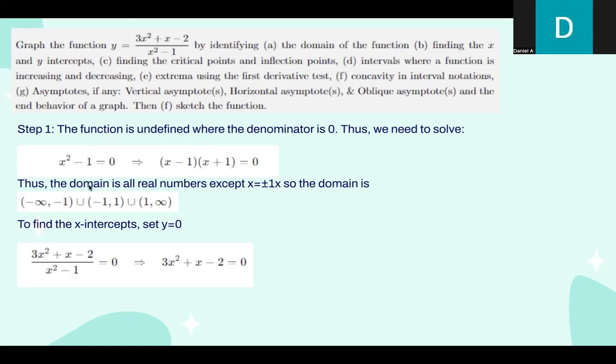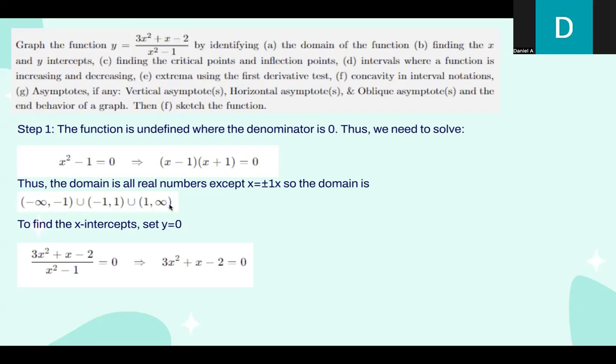Thus, x = ±1. These values are excluded from the domain since they make the denominator 0. So the domain of the function is (−∞, −1), (−1, 1), and (1, ∞).